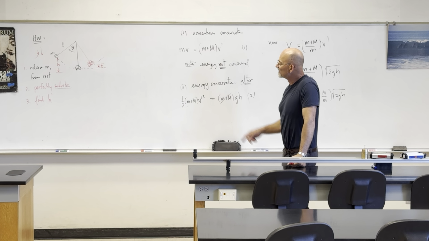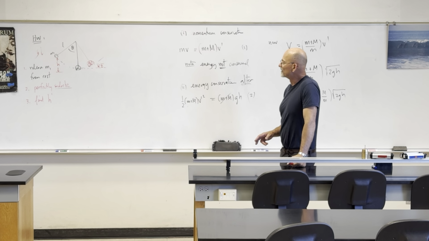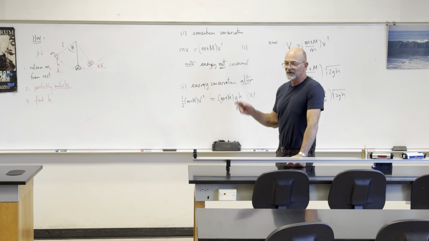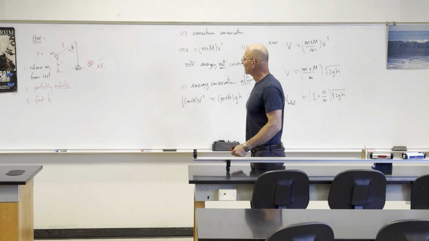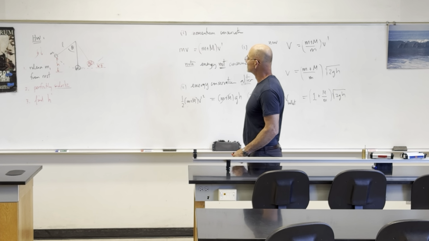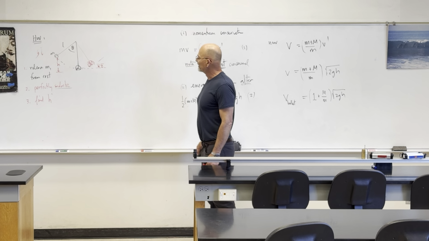So even a simple example like this has all kinds of good limiting cases for you guys to analyze. Of course, we never use numbers in a class like this, so we can see everything that's going on. Good, so that is the perfectly inelastic collision scenario.